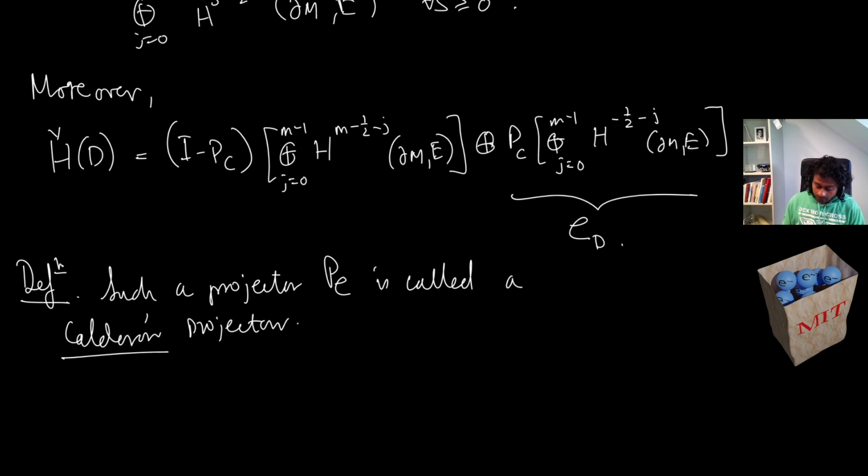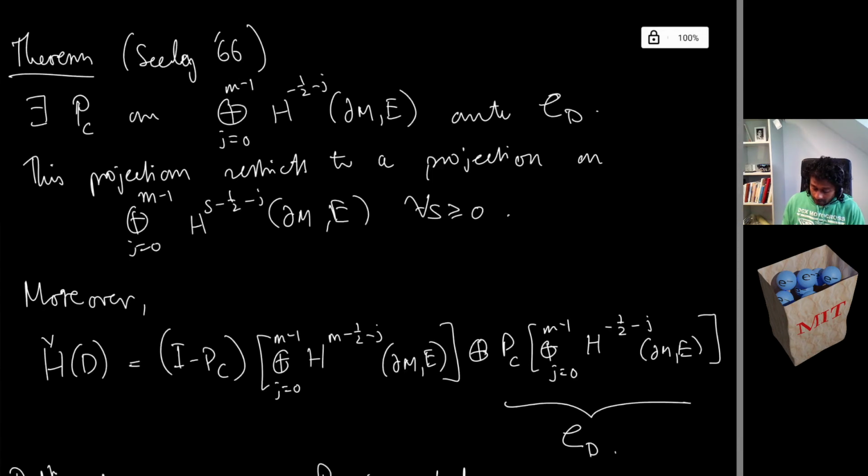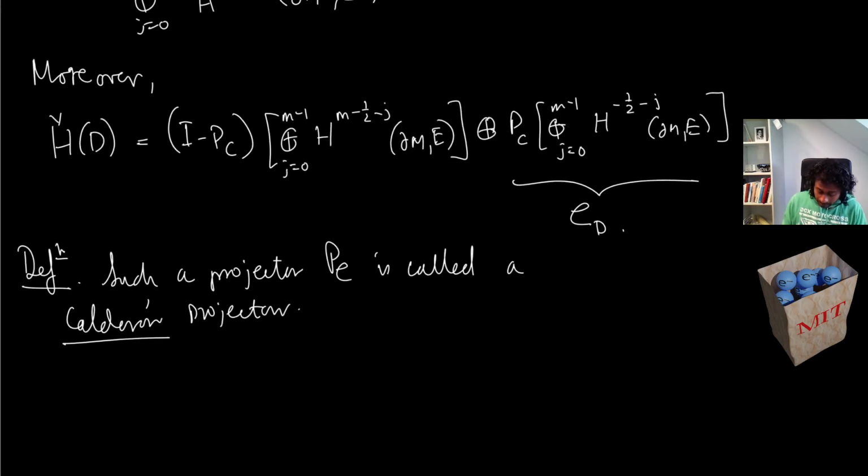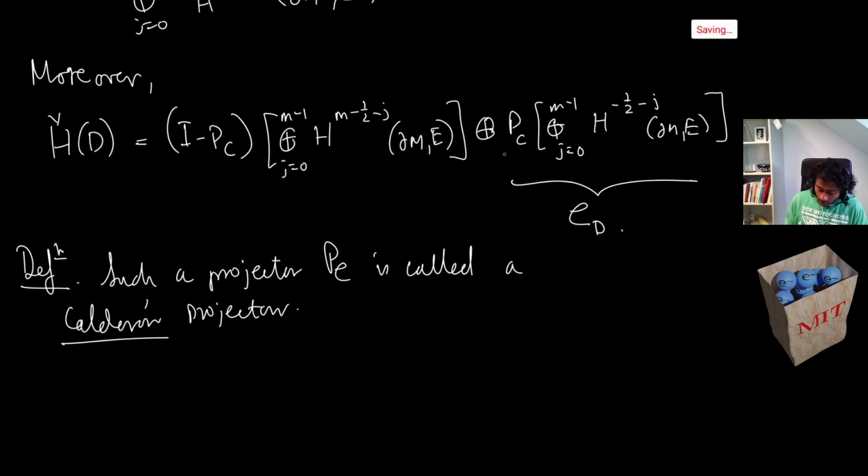The range of every Calderon projector, of course, is fixed, and it's this Hardy space of data of solutions. But the complementary subspace can move. The fact is that the complementary subspace is always a higher regularity space, and this relates to the earlier question that was asked: why is it not m minus a half plus j?